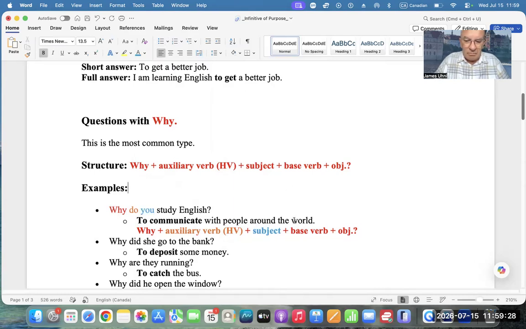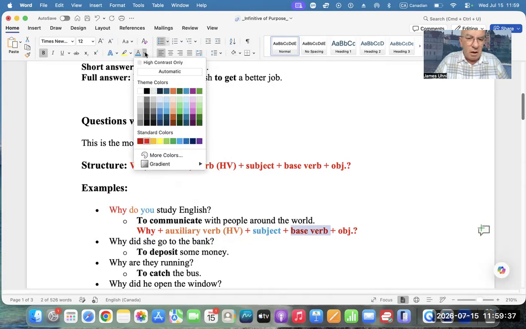Then we have the base verb, let's make it brown.